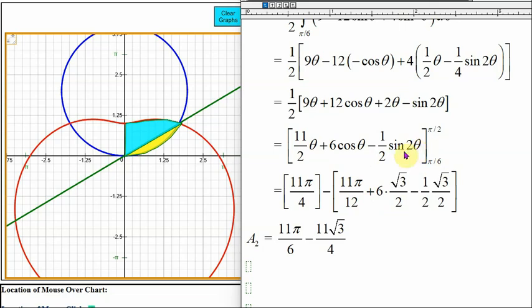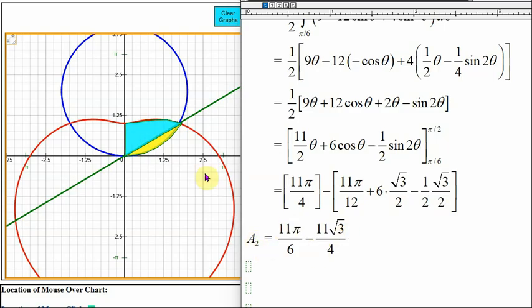And then sine of pi over 3 is the square root of 3 over 2. And then simplify, we get 11 pi over 6 minus 11 times the square root of 3 over 4. So the area for this region right here, I call it A sub 2, is this.